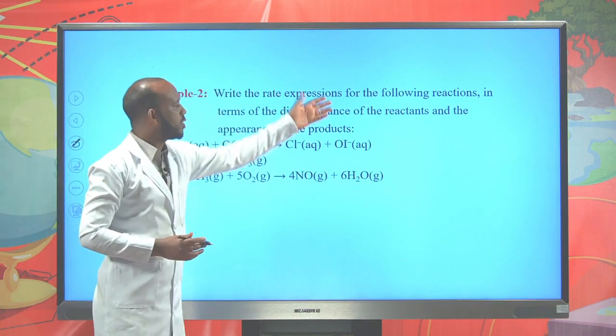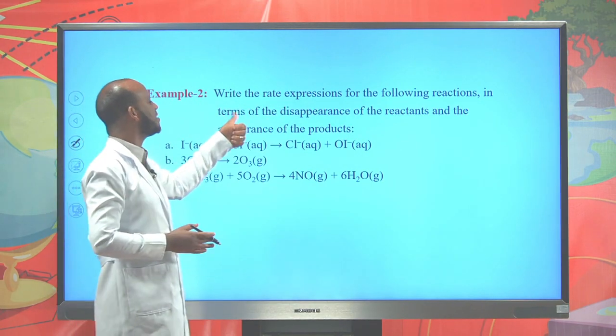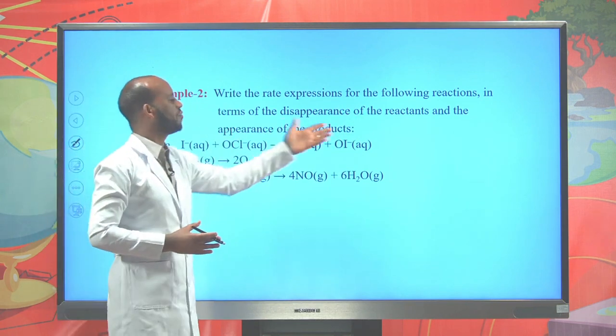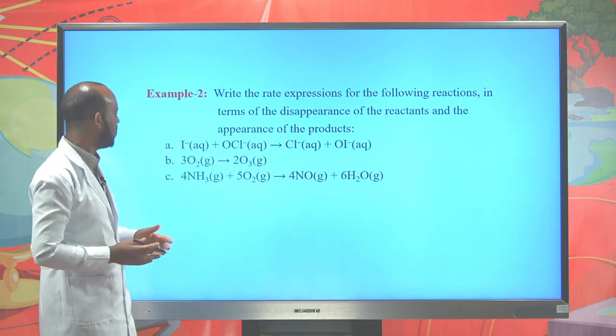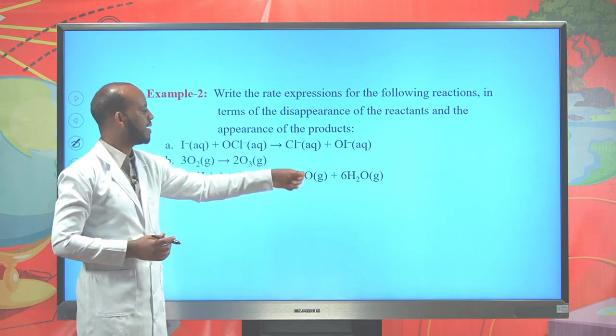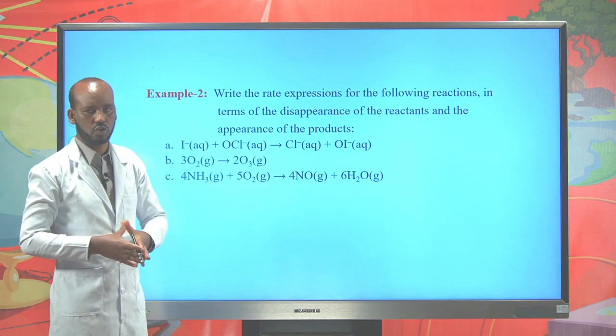Example 2. Write the rate expressions for the following reactions in terms of disappearance of the reactants and the appearance of the products. (a) I minus plus OCl minus gives Cl minus plus OI minus.